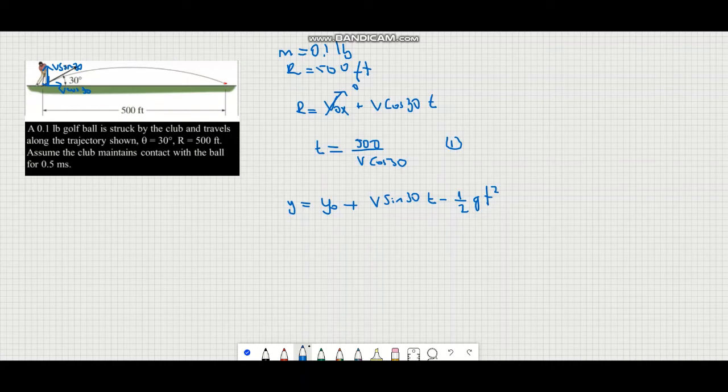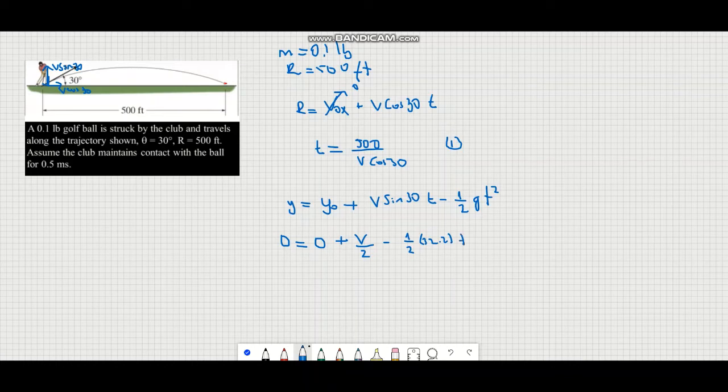What is the final height? It is again 0. What is the initial height? It is 0 plus v sine 30, and sine 30 is 1 over 2, so v over 2 t, minus 1 over 2 g t squared, where g is 32.2.